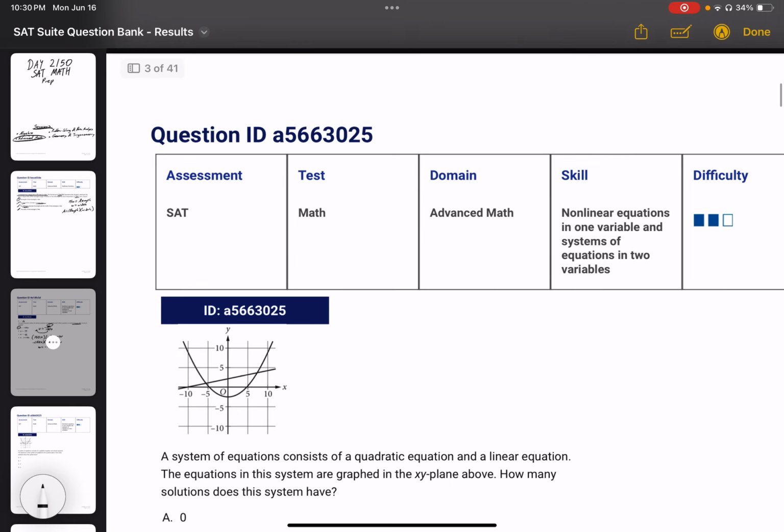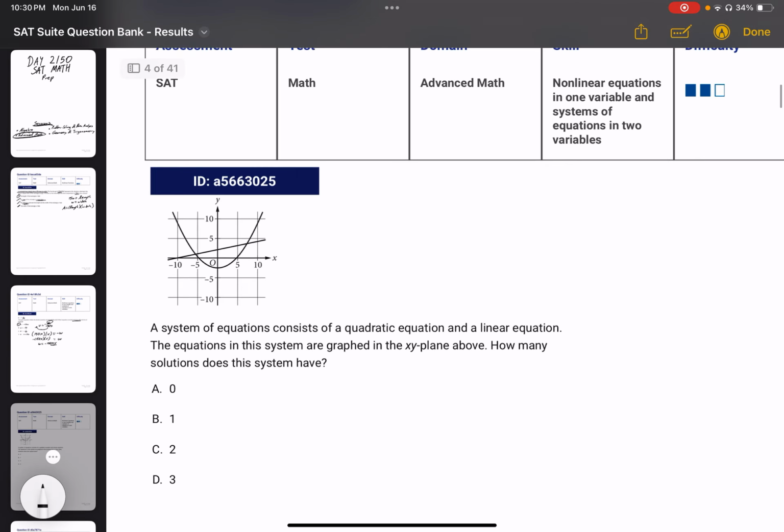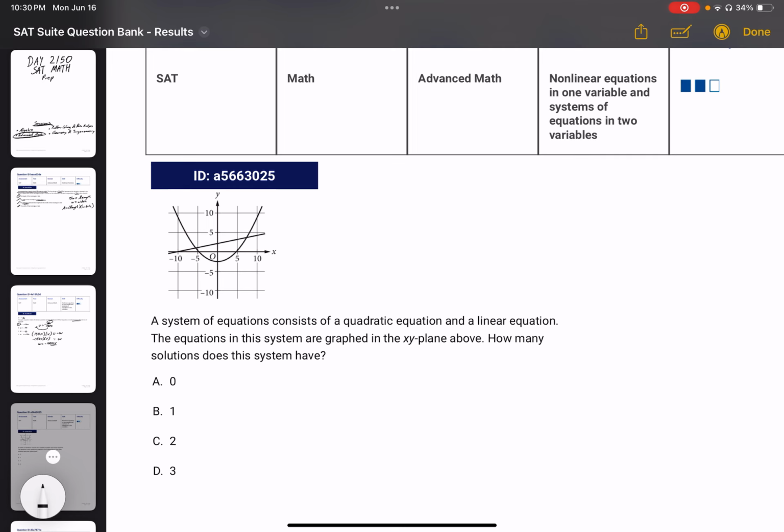Looking at our third problem, a system of equations consists of a quadratic equation and a linear equation. The equations in the system are graphed in the xy plane above. How many solutions does the system have? So whenever it says solutions, this just means, how many times do the two lines intersect?